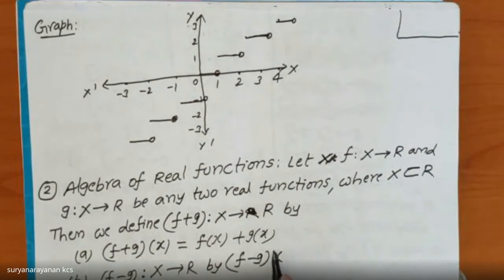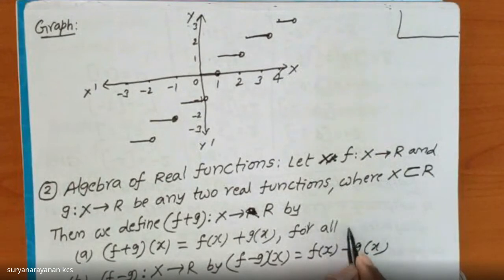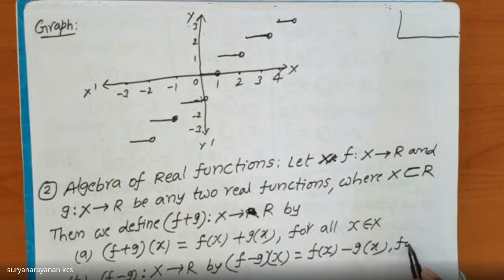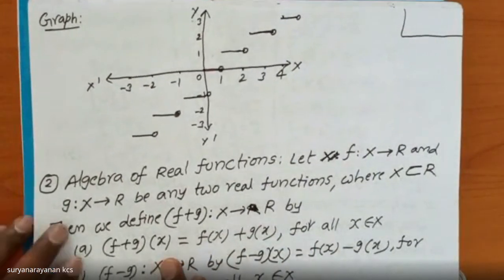F minus g of x is equal to f of x minus g of x, just like a distributive property, for all x belongs to X. Similarly, this is the difference of these two functions. Similarly, product of these two functions.